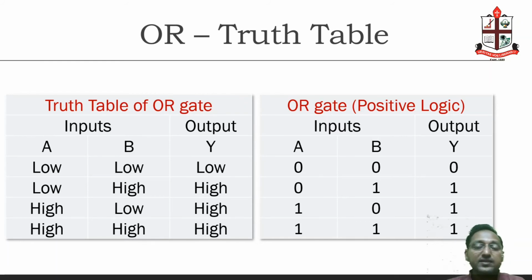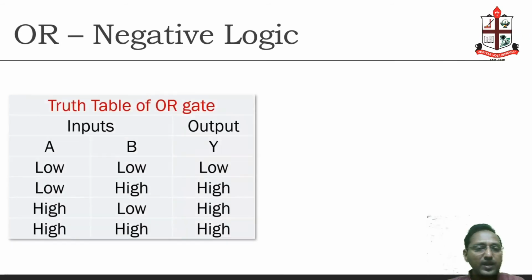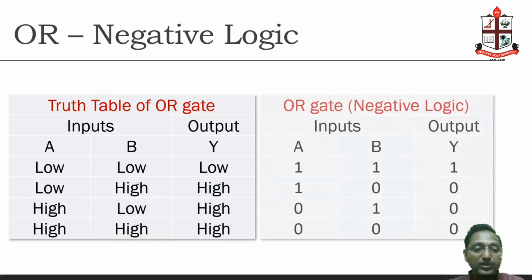Now we consider negative logic. We have the same table on the left, that is the truth table for the OR gate. Now what happens when it is negative logic, where 1 stands for low and 0 stands for high. Now you can see the changes accordingly for the truth table of the OR gate in the case of negative logic.